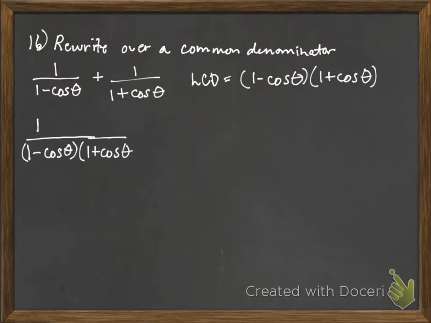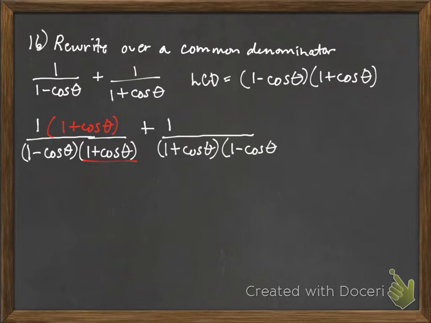I had a 1 there before, so now I have to put what's new, which would be this, in the numerator. Okay, plus. I had a 1 in the numerator and I had 1 plus cosine theta. To make it a common denominator, I need to include 1 minus cosine theta.